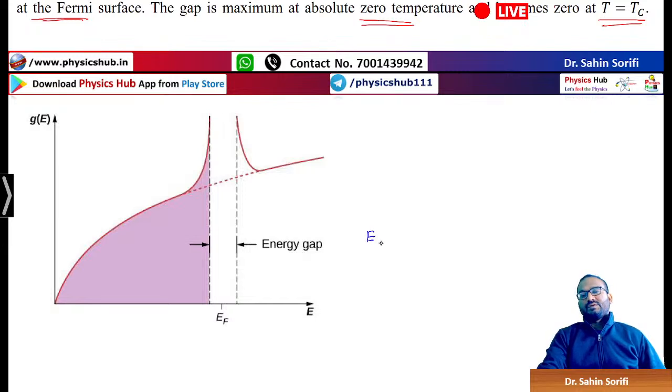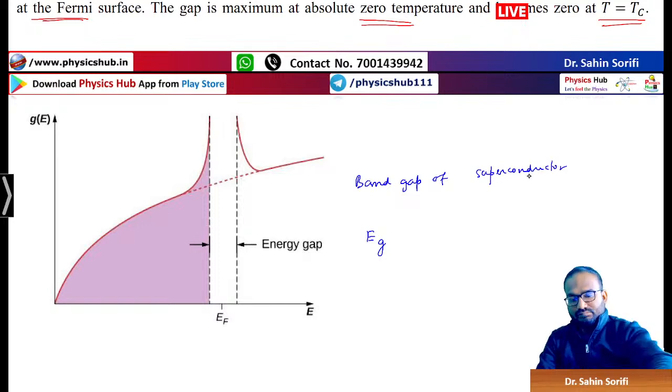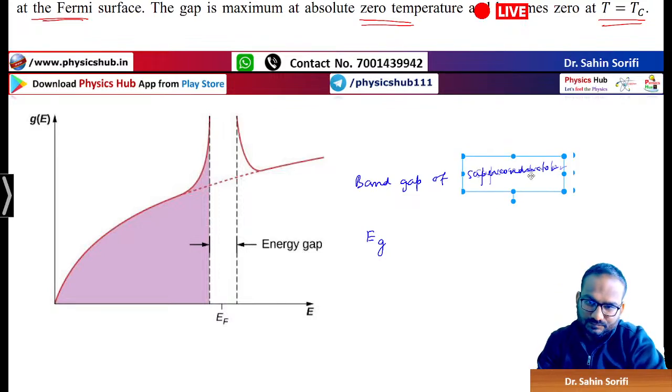So the general formula is Eg, the band gap of a superconductor. Sometimes questions come from this.